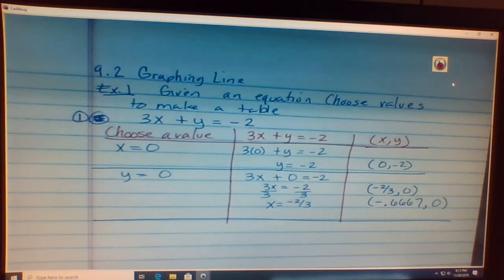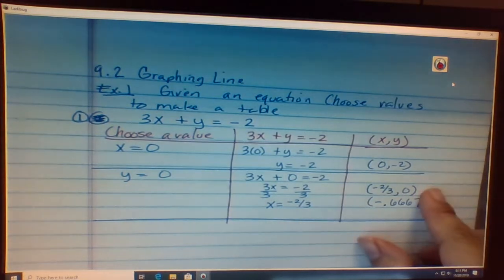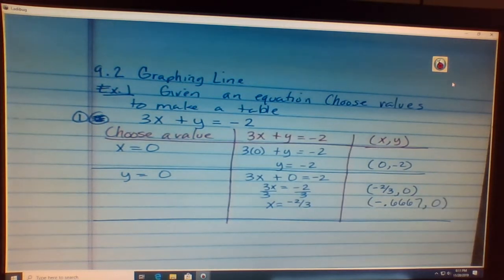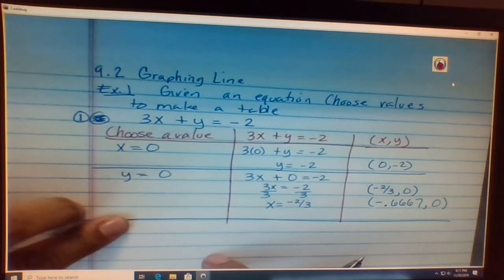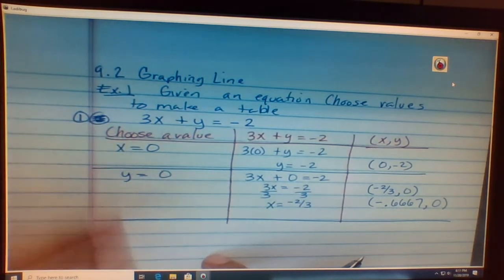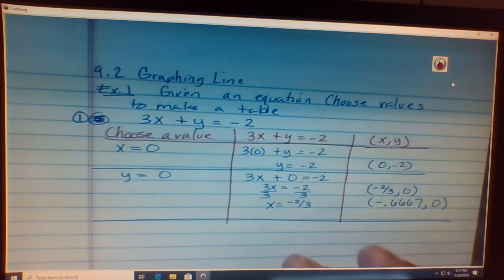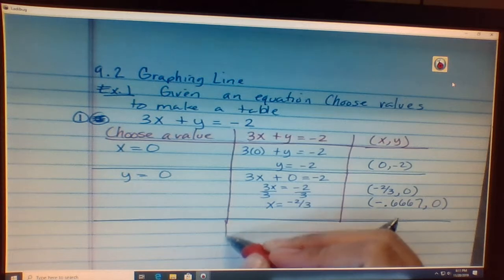So when you are graphing this, it's 2/3. So cut that one into 3 pieces and you guesstimate. But I wouldn't graph that one because it's an ugly number, definitely. But 0, having 0 for both x and y, sometimes you're hoping for the best. Now, is there another number you would like to try?